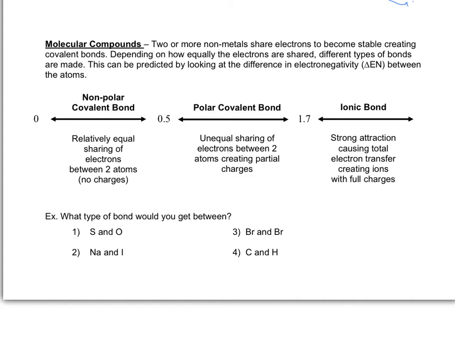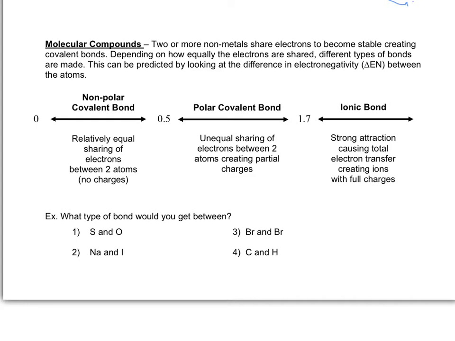The periodic table in the back of your textbook has the actual electronegativity values for all the elements. What you would do is you would look up the 2 elements that you want to bond together, subtract the 2 numbers, and use the following scale to figure out what kind of bond gets formed.